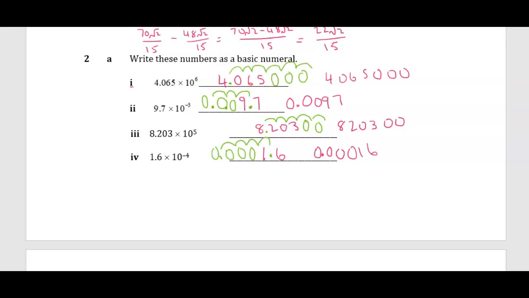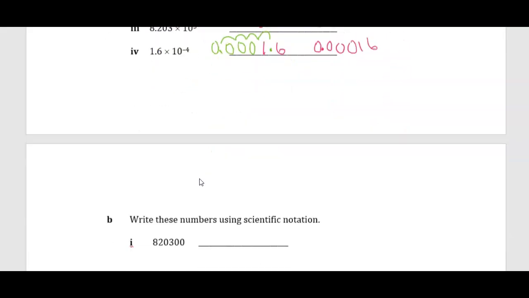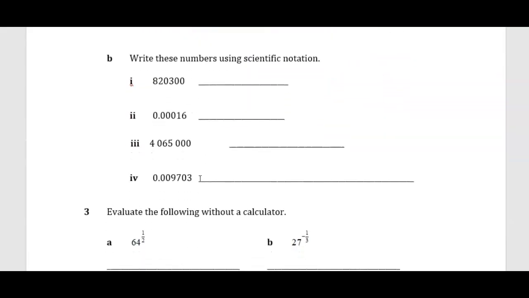1, 2, 3, 4. Good. All right, question B, write the numbers using scientific notation. So when you're writing scientific notation, you always start with the first non-zero number. So here it's 8, and then we just put our decimal point.